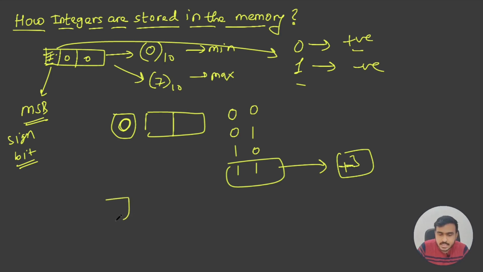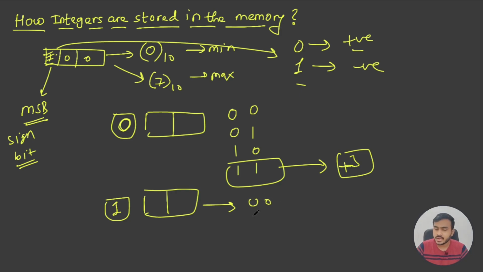And if we set this bit to 1, then again we have only 2 bits for storing our data. Again the possible values are 00, then 01, 10 and 11. And these numbers are going to be negative numbers. Now let's try to convert these numbers to decimal.